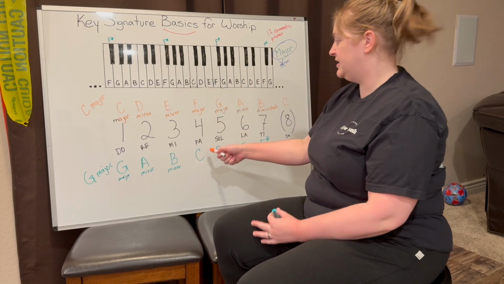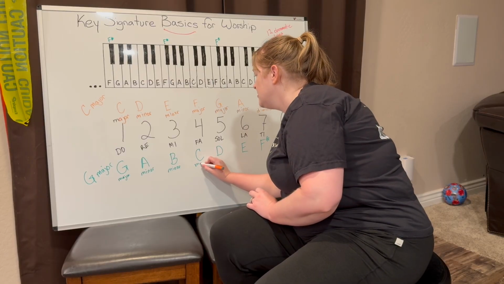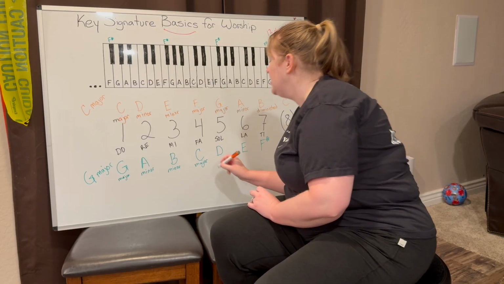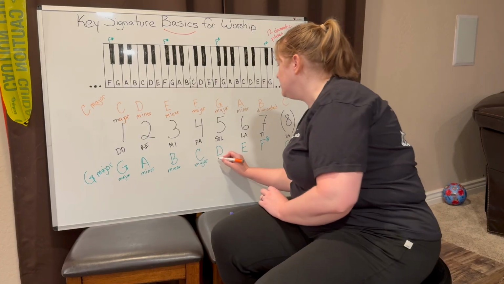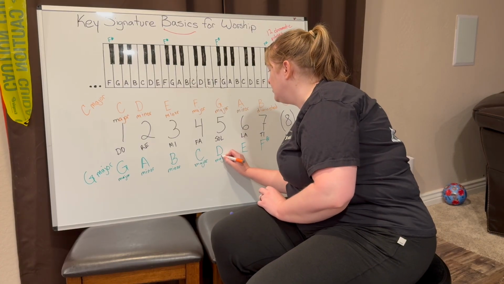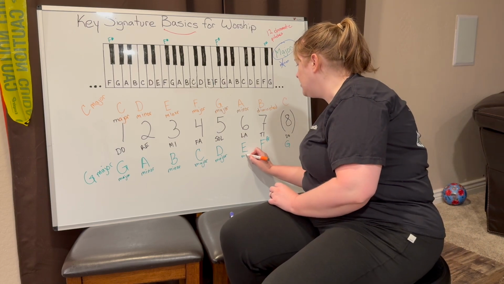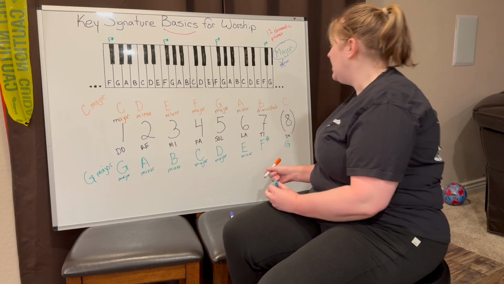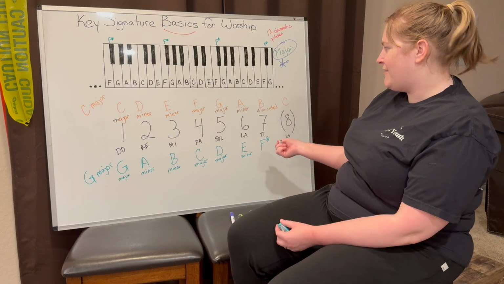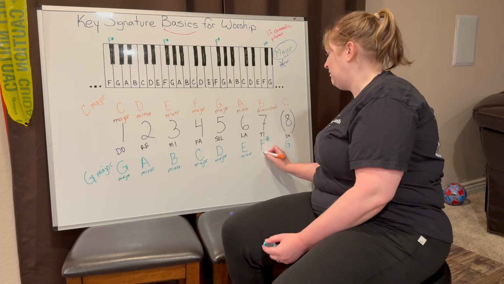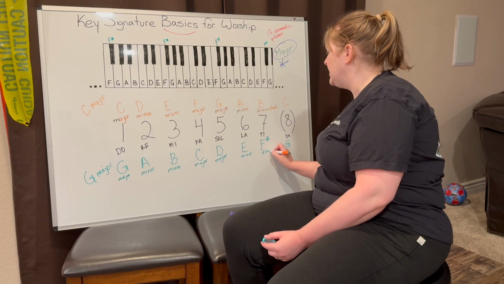Our fourth chord is C major. Fifth chord is D major. The sixth chord is E minor. And the seventh chord is an F sharp diminished, which we will usually write just as D-I-M.